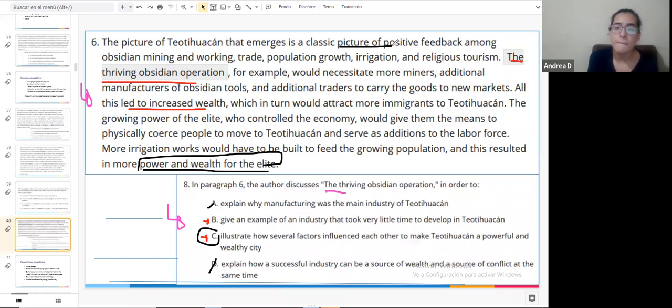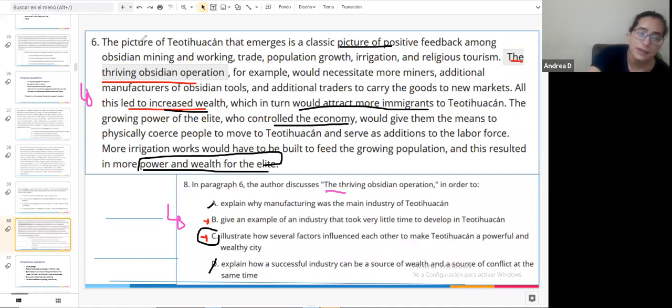So they had this positive feedback among the factors. It's like many balls rolling: one thing leads to the other, and to the other. So you have a chain of events, right? This increased the wealth and this attracted more immigrants and this caused this and that. Everything is influencing each other to make the city a powerful and wealthy one. So that's the idea of this.